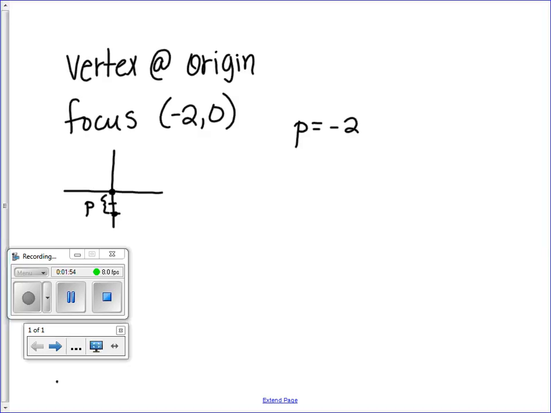Can I tell that just from this information? Oh wait, I put that in the wrong place. That's not -2, 0. That's 0, -2. Let's try again. There we go. Now can I tell which one's being squared?